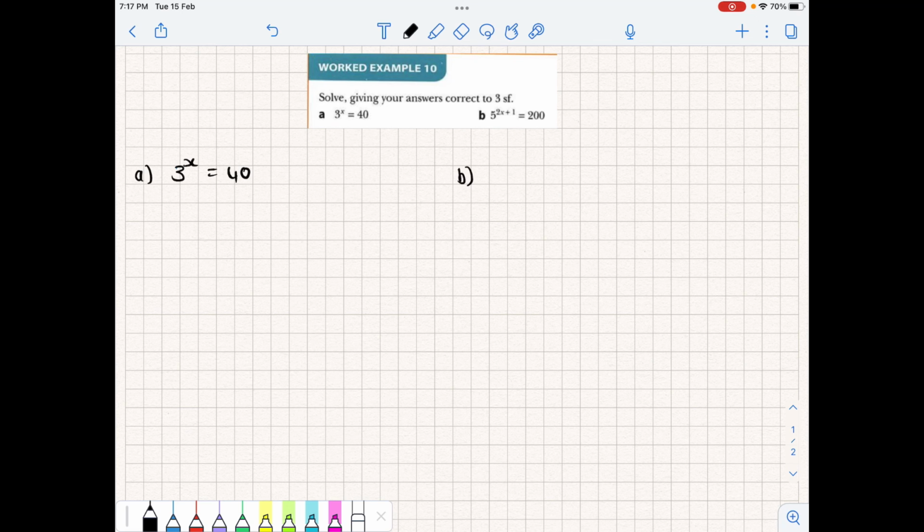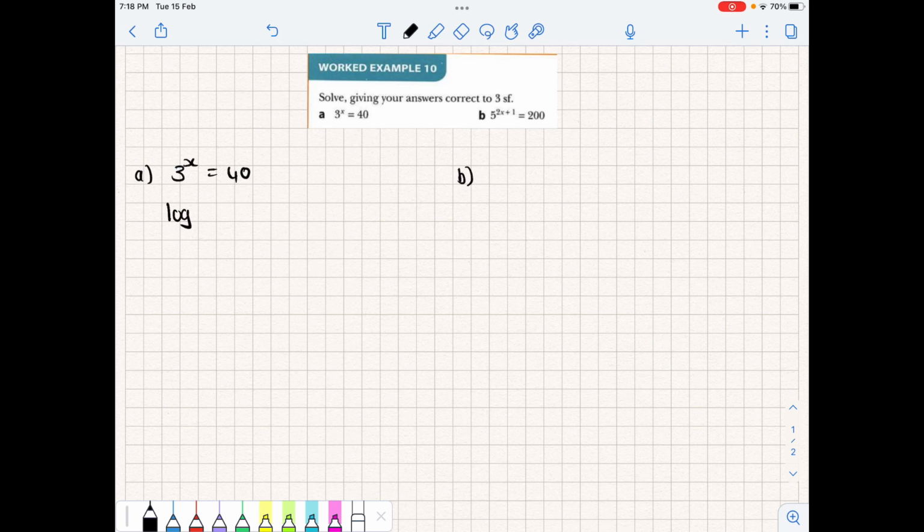Now you can use any base. It's preferable to use logs with base 10, or later on you're going to learn you can also use the natural log. The main reason behind this is just convenience. You've got log base 10 as a single button on the calculator, so you don't have to put a different base in every time. So I'm going to log both sides, and it's implied if I don't put the base that the base is 10.